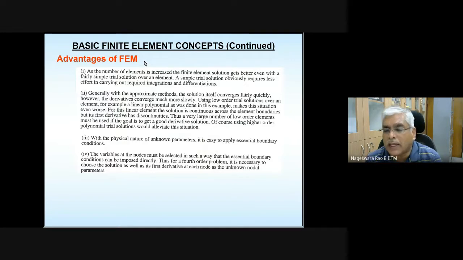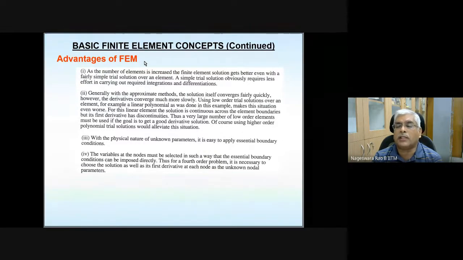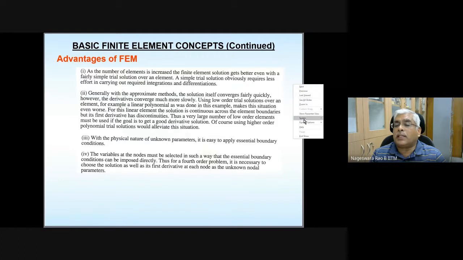What is the meaning of that? Please note that in the previous problem we started with a linear trial solution. You cannot have a trial solution simpler than a linear one. You cannot have a constant; you will not be able to capture anything if you start with a constant trial solution. So a linear trial solution is the simplest one. As the number of elements is increased, the finite element solution gets better, even with a fairly simple trial solution over an element.